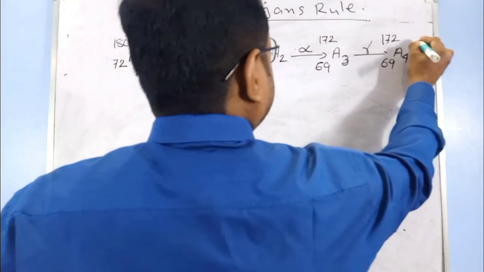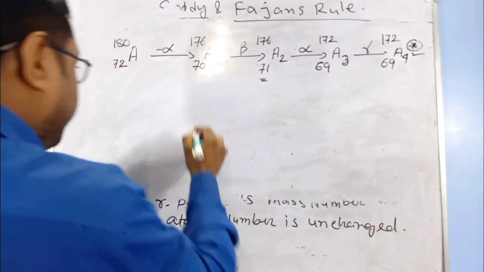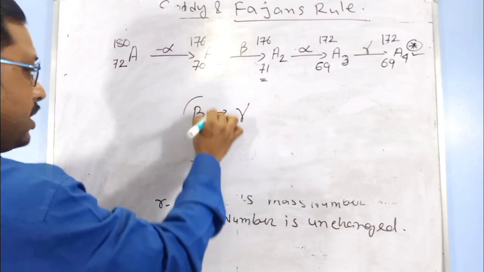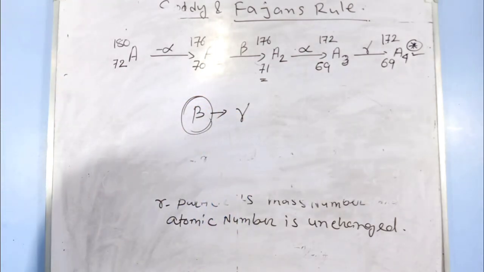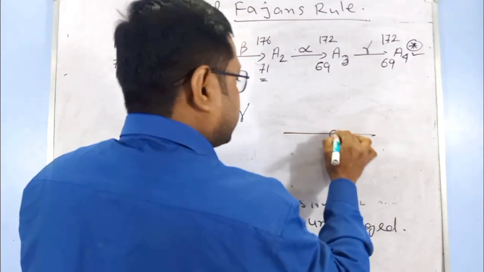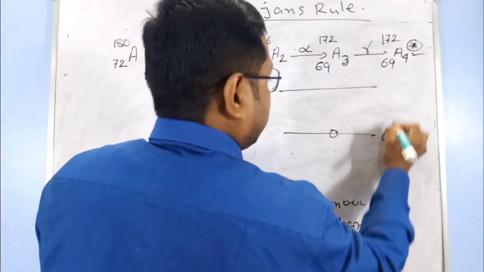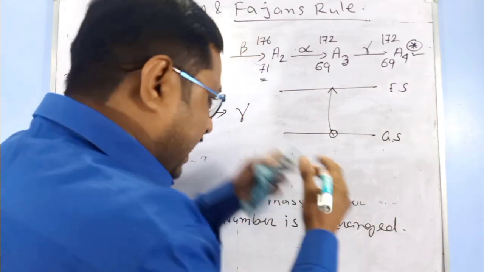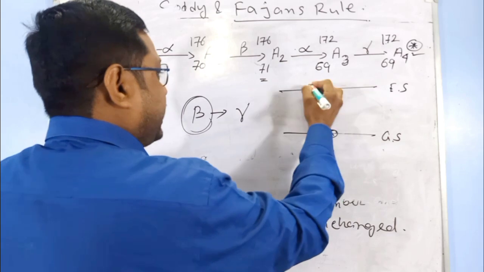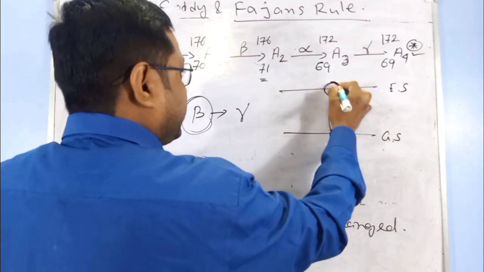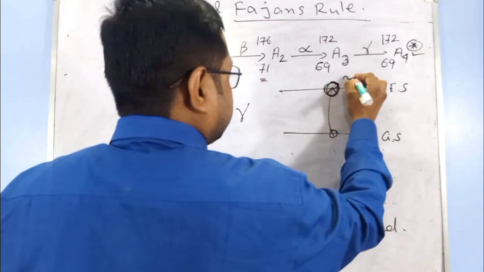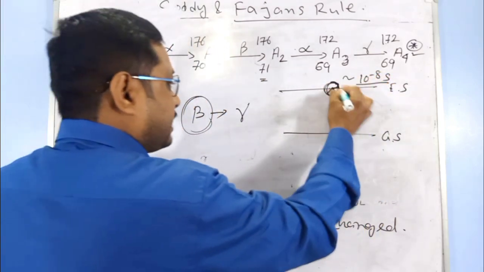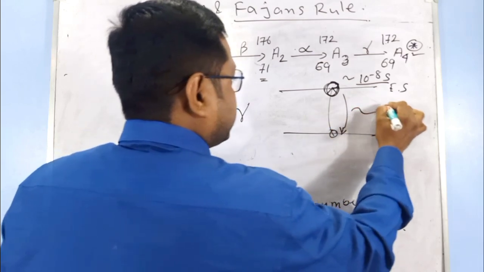The mass number and proton number are unchanged, but its energy is increased, because beta particle emission is always accompanied by gamma rays. When a beta particle is emitted from a nucleus, the nucleus, suppose this is the ground state and this is the excited state, acquires more energy and comes to the excited state, but the limit of remaining in the excited state is about 10 to the power minus 8 second, so it again comes to the ground state and emits a gamma ray.